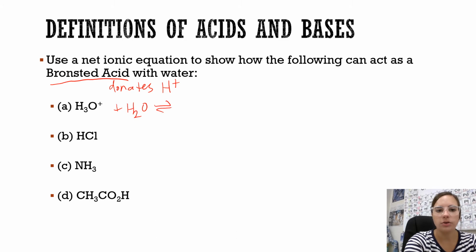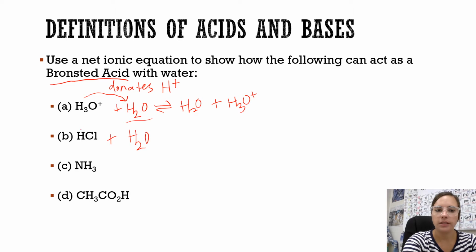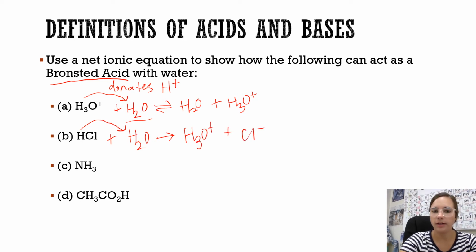So when this donates a hydrogen to water, it will now be Cl minus, and this water molecule will become H3O plus. It donated a hydrogen. So this time when we donate that hydrogen, we're going to have H3O plus and Cl minus.